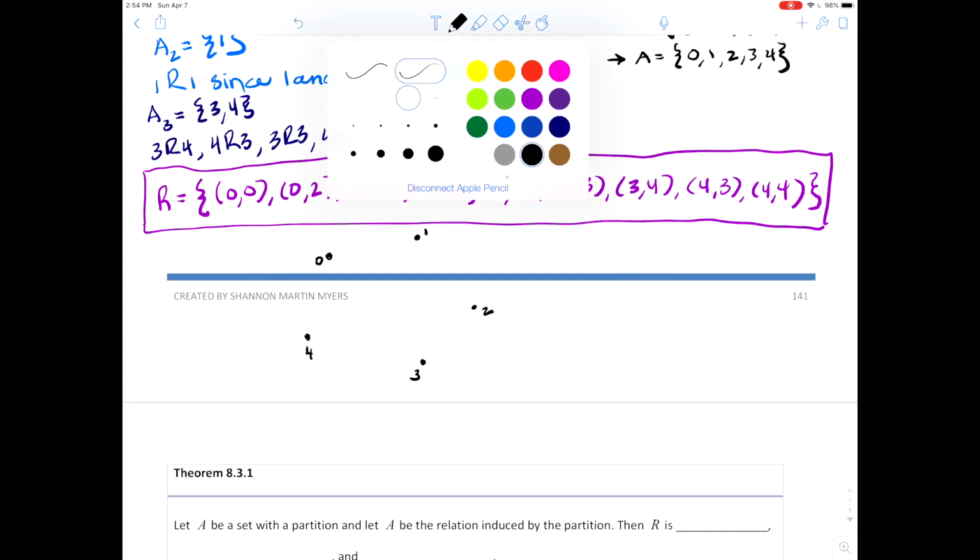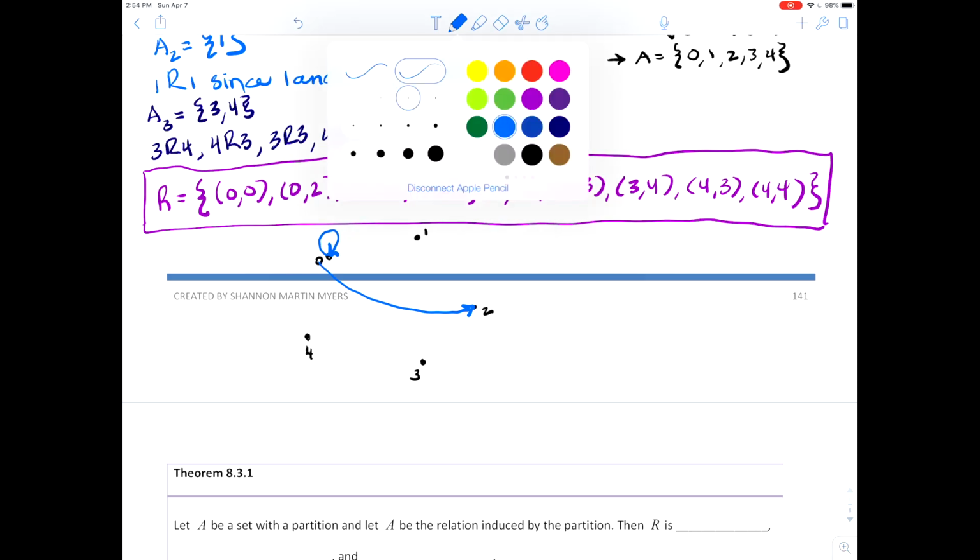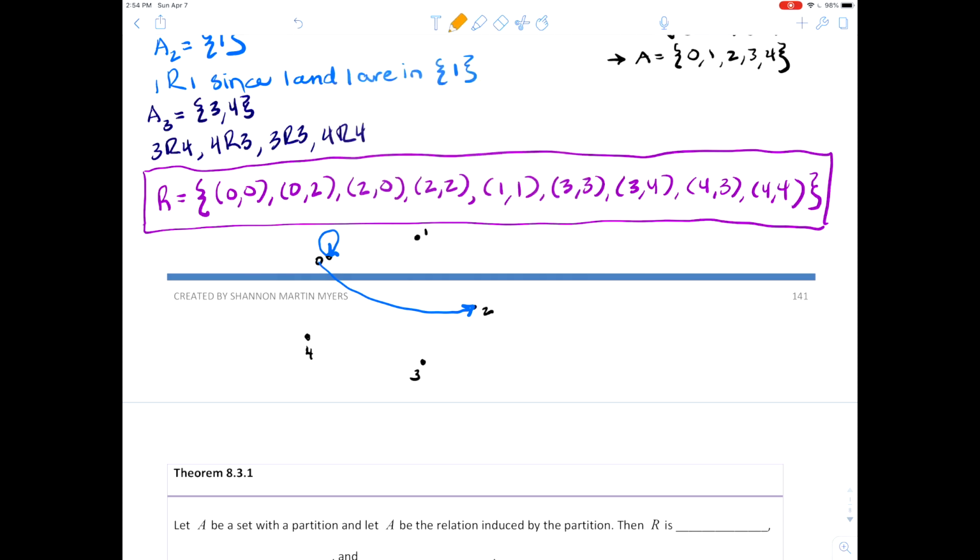And then if you draw your directed graph, if we start with this one, we'd have 0R0, right? We also have 0R2. I'm going to do more curved arrows this time. And then now if we go to 1, what do we have? We had 1R1. So I guess I didn't really do it in order. We have 1R1 only.